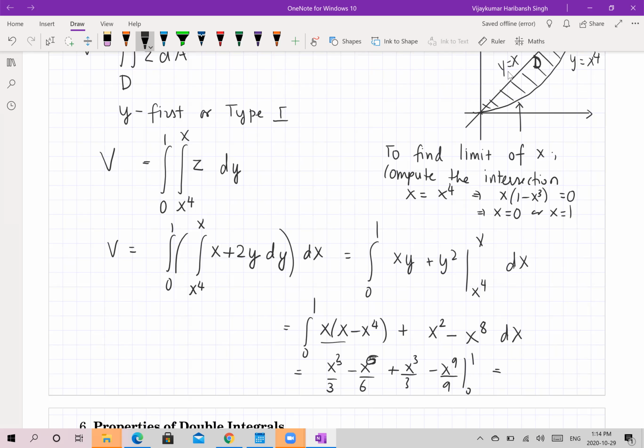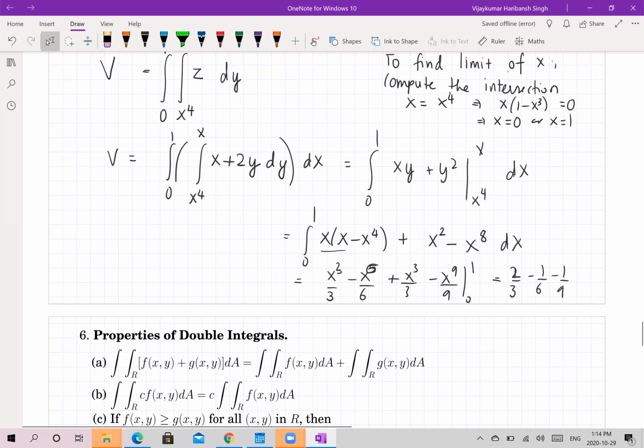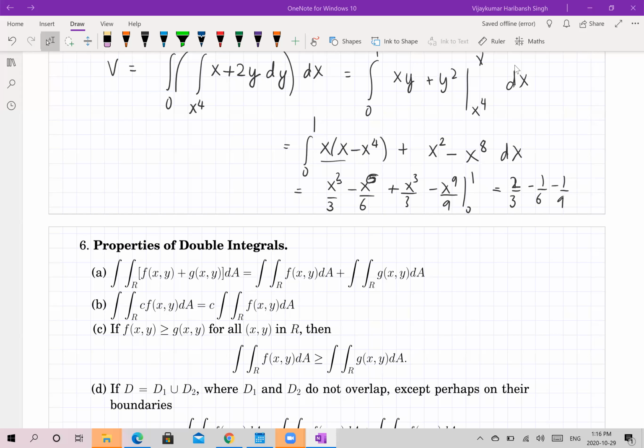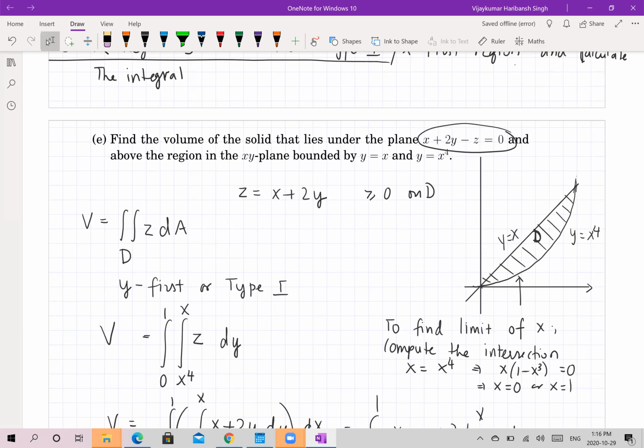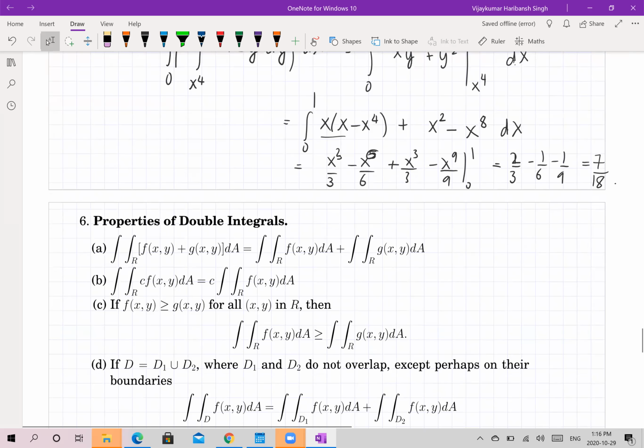And when we simplify this, we get 1 by 3 plus 1 by 3, which is 2 by 3, minus 1 by 6, minus 1 by 9, and the answer turns out to be 7 by 18. Okay, so this is how we compute the integral. Note that this could also have been seen as a type 2 region, or x first region. The answer would be the same.